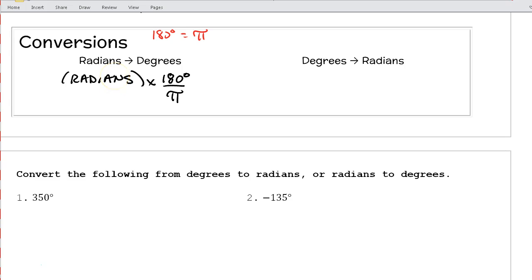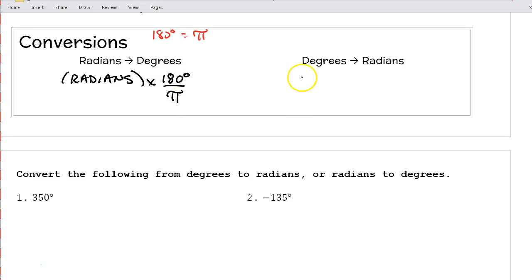So you'll have a pi in the numerator, and then you put the pi in the denominator, and then our pi's will cancel out. It's not always the case, because sometimes you'll have a decimal radian measure. So you just need to keep in mind that this pi is in radians, so you have radians in the numerator, radians in the denominator, and you'll end up with degrees.